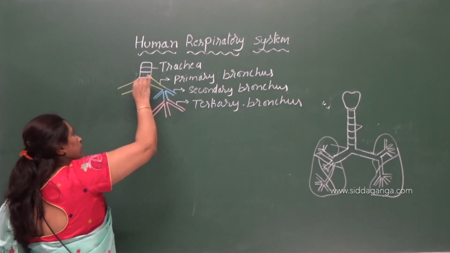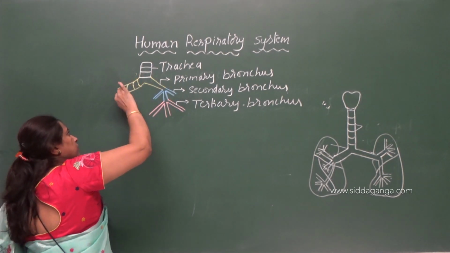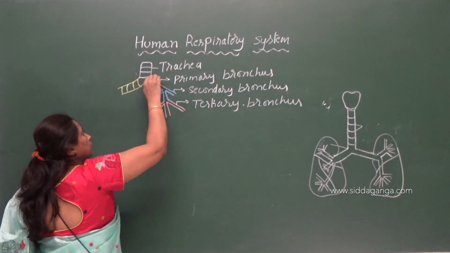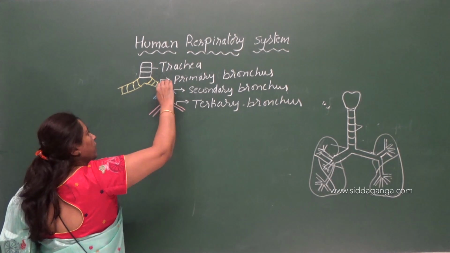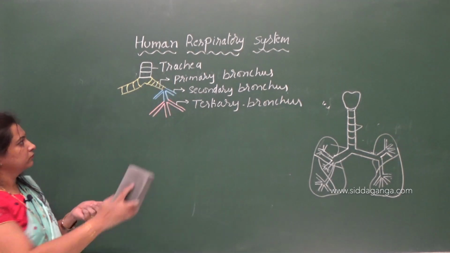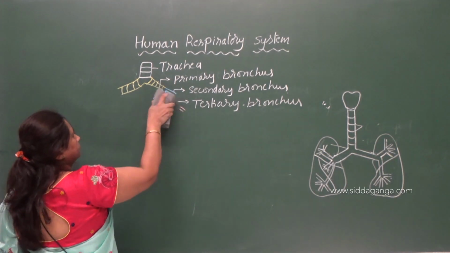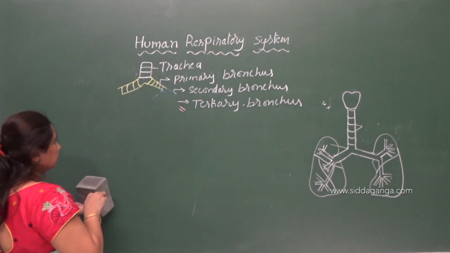Now, in the primary bronchi also these cartilaginous rings are present. And I draw this a little wider, secondary bronchi.